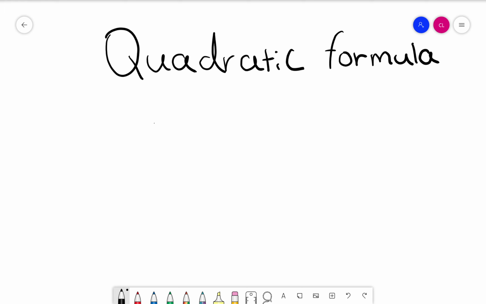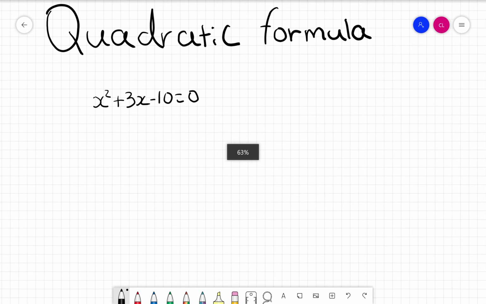For example, you have x squared plus 3x minus, let's say, 10 equals 0. You can solve it with the quadratic formula.